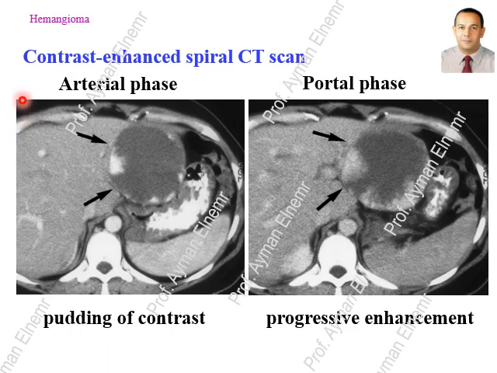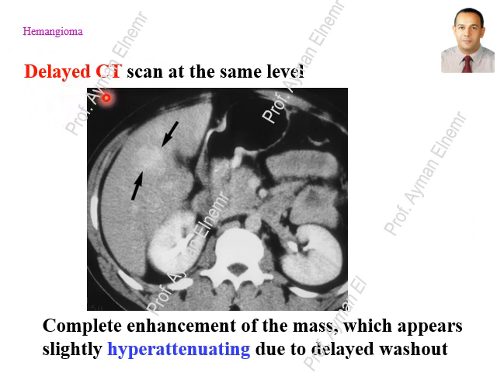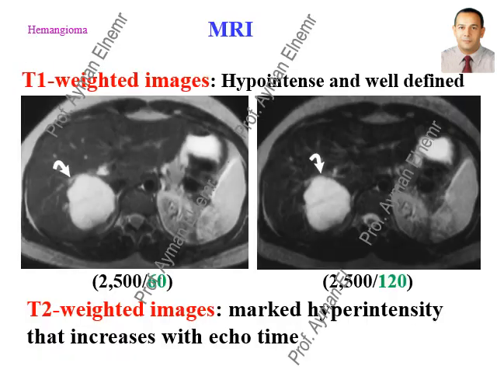These films were obtained by contrast-enhanced spiral CT examination. As you see in the arterial phase, there is a peripheral budding of the contrast. In the portal phase, there is a progressive enhancement. In the delayed phase, we can see the complete enhancement of the mass, which appears slightly hyper-attenuating due to the delayed washout.